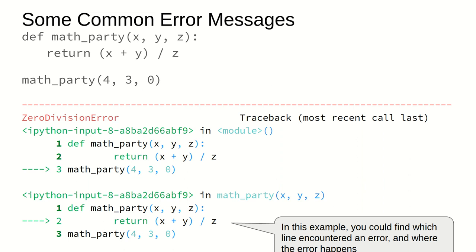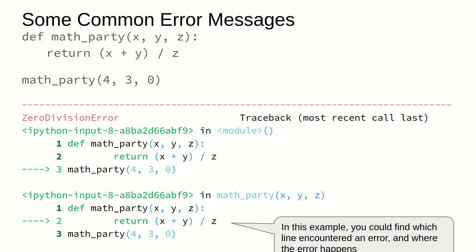So it's telling me, you know what? You tried to call MathParty with 4, 3, 0, and that's how I got the values for x, y, and z that caused the error at this return statement here. And if we look again down at the bottom, it reiterates that this is a division by 0.